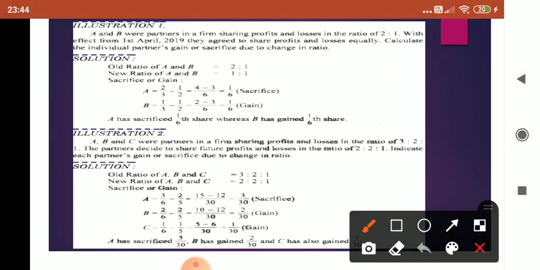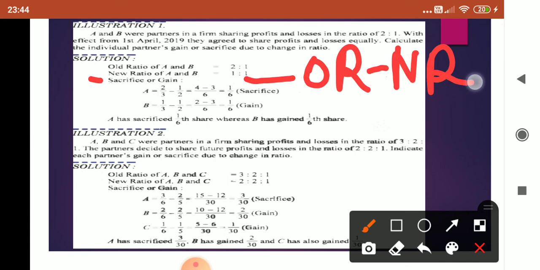Now apply the formula. Sacrificing ratio is equal to old ratio minus new ratio. So you just have to write here, instead of writing sacrifice or gain, you can write old ratio minus new ratio. Okay. Once you have written that, let us see for A. Old ratio is 2/3.